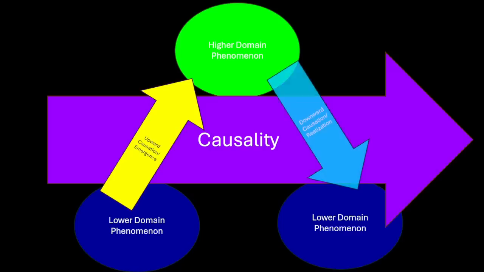But what's less obvious is the fact that this higher level domain, or this higher level phenomenon, can actually affect the lower level phenomena. So what this implies is, if we stick with that example of the atom arising from protons and neutrons, an atom itself, as weird as it sounds, if it's strongly emergent, which it might not be, can have an effect upon the particles of which it's composed.